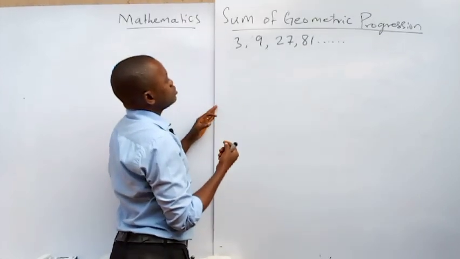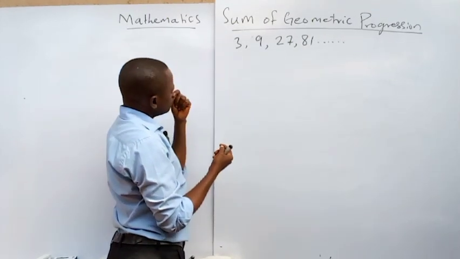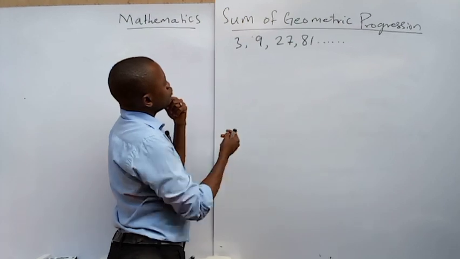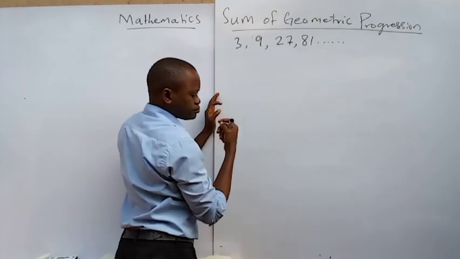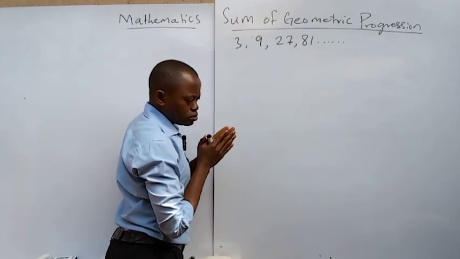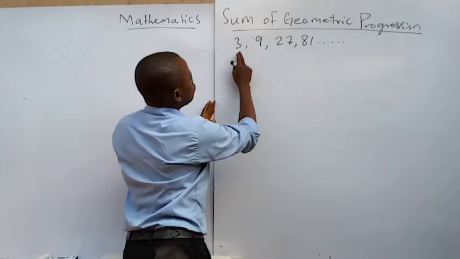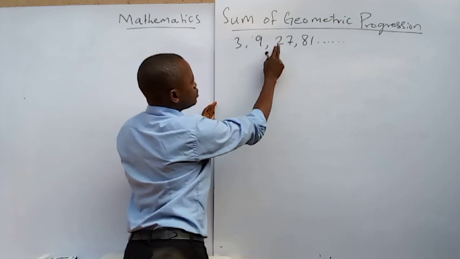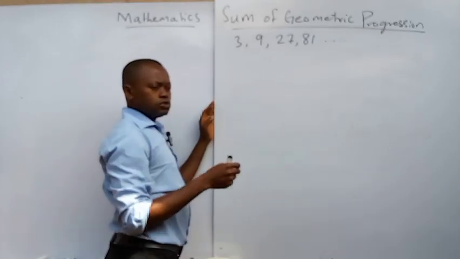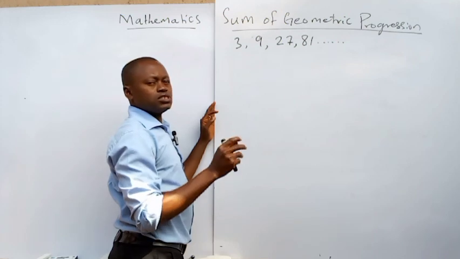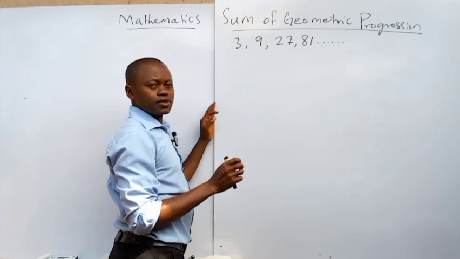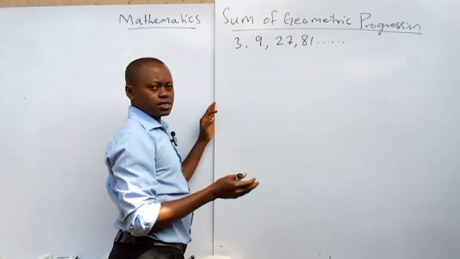All right, so in this matter, assuming from this is the first, second, third, fourth, assuming I want to know the sum of the first term, second, third, fourth, down to the seventh term, and I want it in an instant, how am I going to do that?